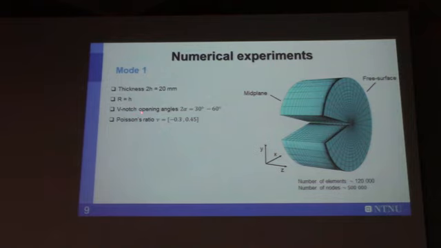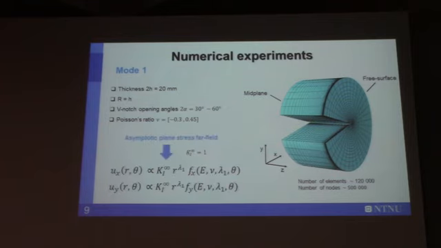We consider 2 V-notch opening angles, and a Poisson's ratio which varies from minus 0.3 to 0.45, also to investigate what happens with a negative Poisson's ratio. We applied an asymptotic plane stress far field on the outer periphery of the cylindrical region, assuming a unitary stress intensity factor.